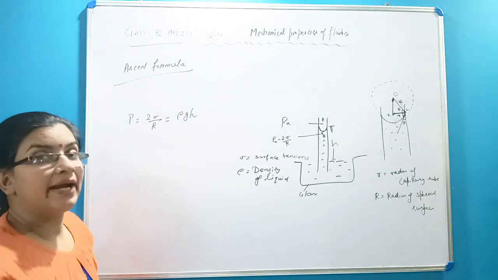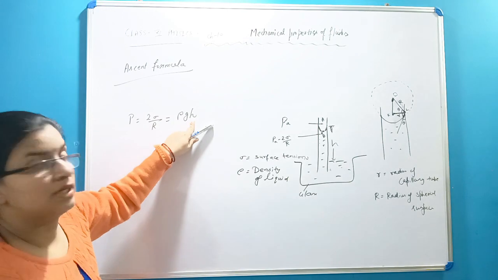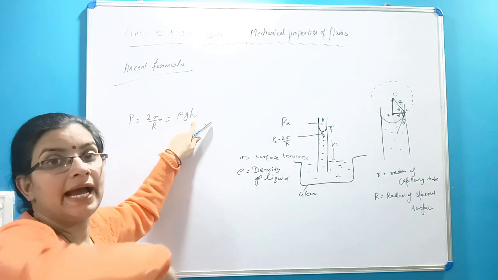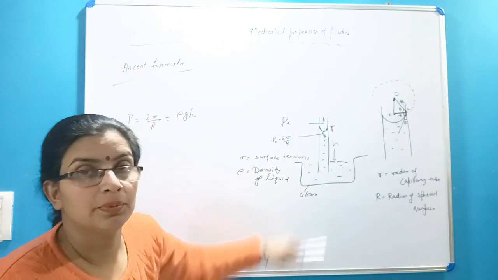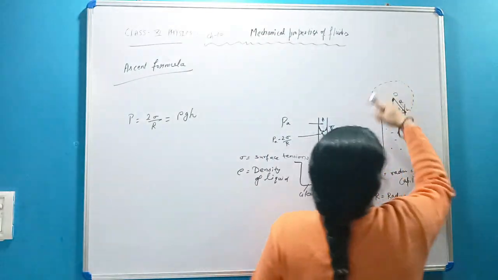Now I am going to find the expression for h. h will give me the height attained by the liquid in this capillary tube. And what is the purpose of drawing this figure?